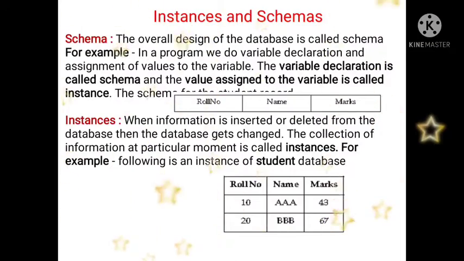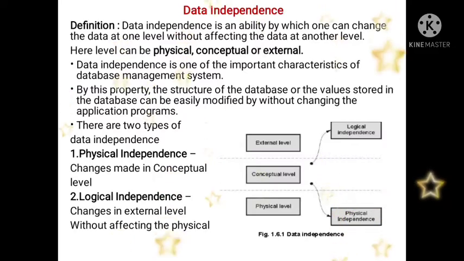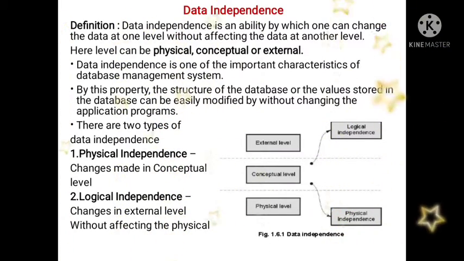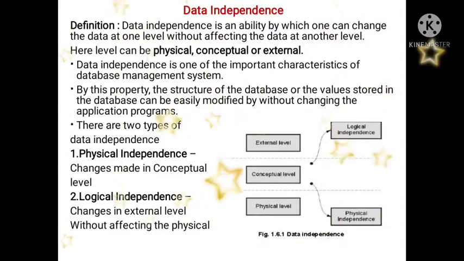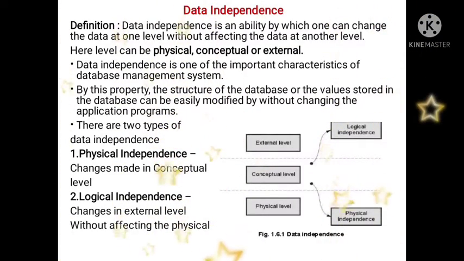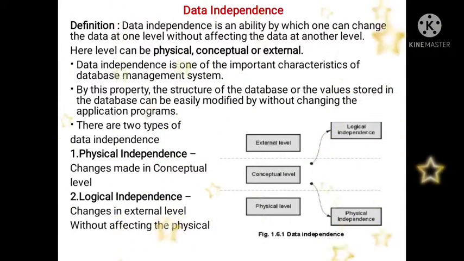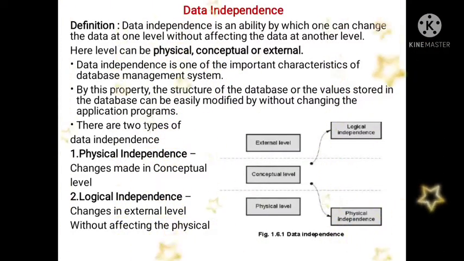Okay, and next is data independence. Data independence is the ability by which one can change the data at one level without affecting another level. We already saw the levels of abstraction: physical, logical and view level. But here the data is at a conceptual level. What does conceptual mean?